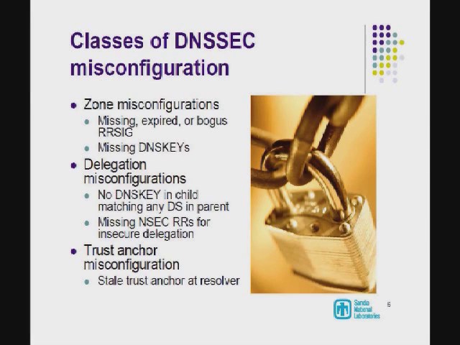Or in the case of an insecure delegation, it could be that one of the servers authoritative for the parent zone is not returning the NSEC resource records appropriate to make that insecure delegation. Those are particularly important for insecure delegations because the authoritative server has to prove to the resolver that there are no DS resource records, so that it knows it's an insecure delegation.